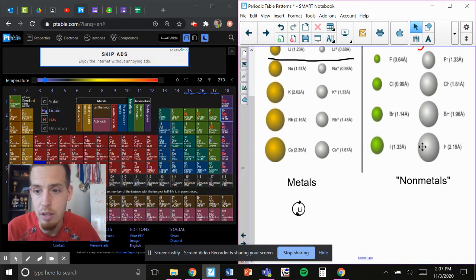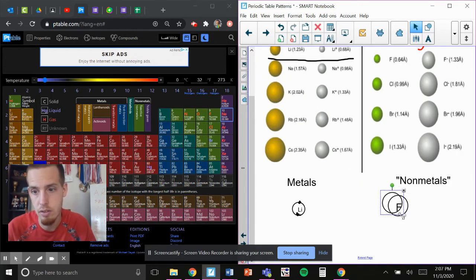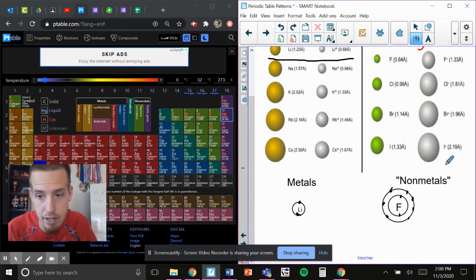And here, you're gaining electrons. So if I were to do this with a nonmetal, right? Let's say that I have fluorine. I think that's maybe the easiest one to talk about. Fluorine's going to have a whole bunch of dots on it. 1, 2, 3, 4, 5, 6, 7, 8, and again, not perfect, 9.